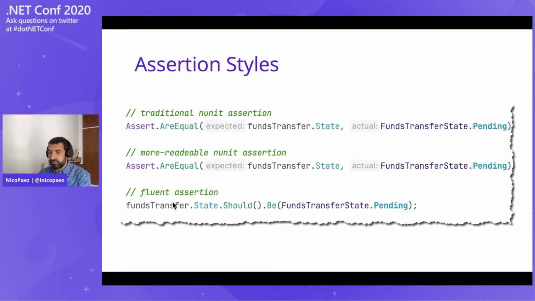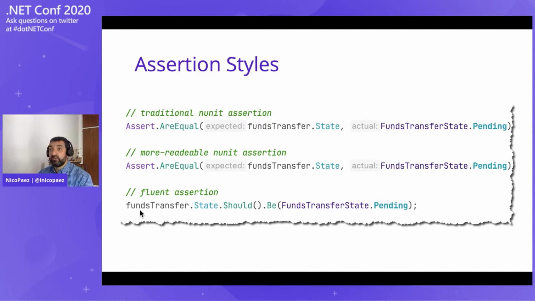This is part of the Fluent Assertions library, and look how it looks: funds transfer state should be. These are extension methods provided by the Fluent Assertions framework, and this allows you to read in an easy way, we could say, in a fluent way.